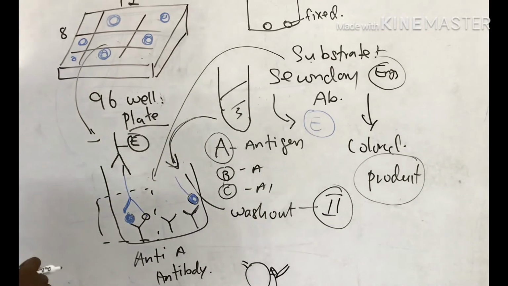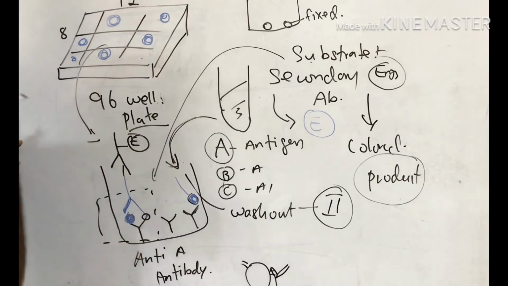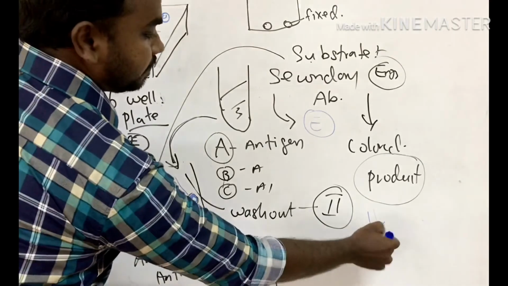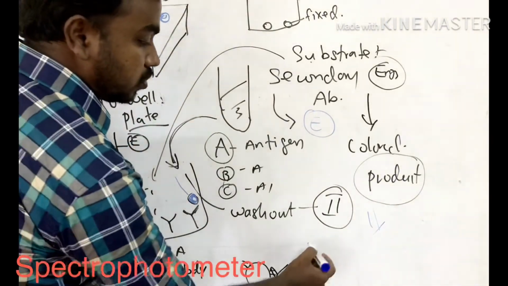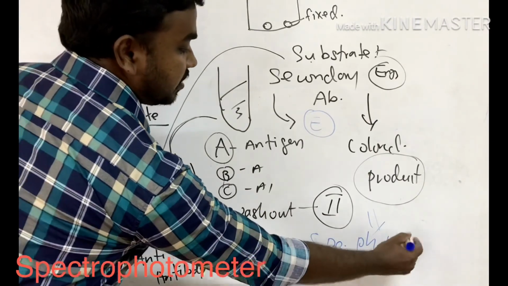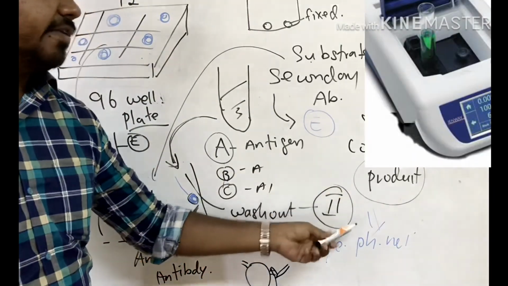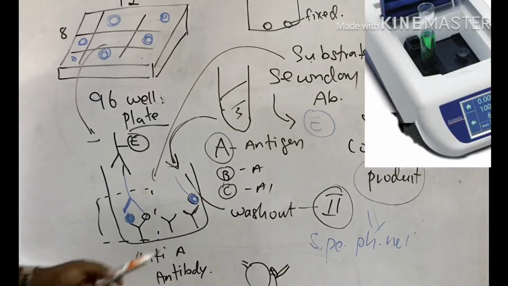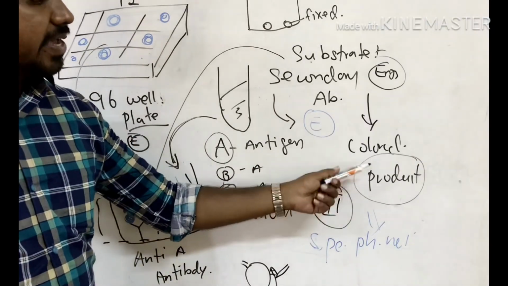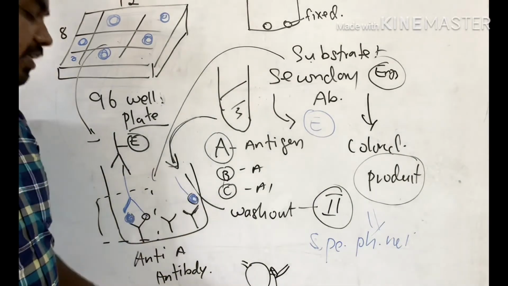If the color production is there, we know some reaction has happened inside, so the antigen of interest is present in the well. Next we use spectrophotometry. By using spectrophotometry, we can quantify how much antigen or antibody is present in this well, as well as identify whether the antigen of interest is present or not.